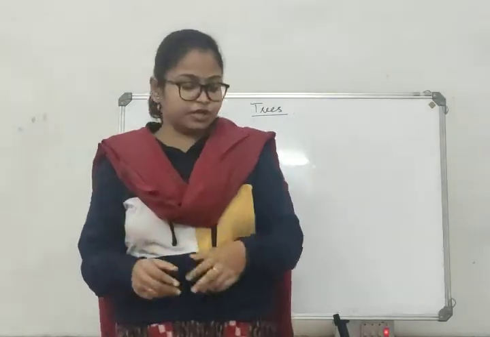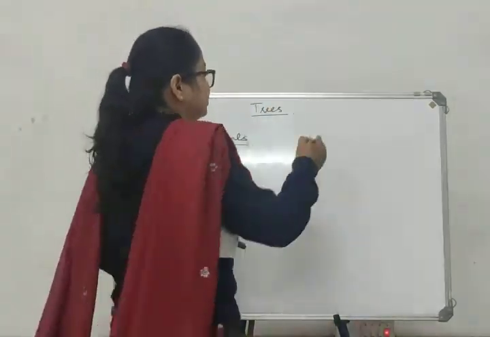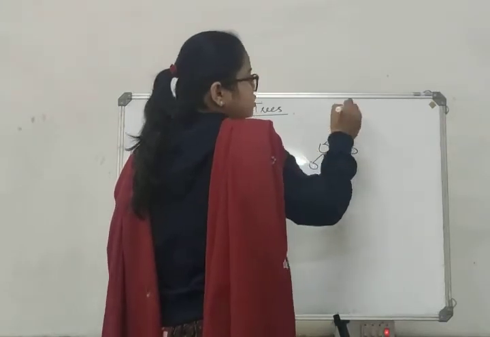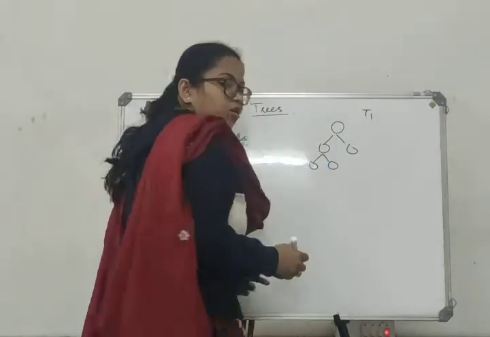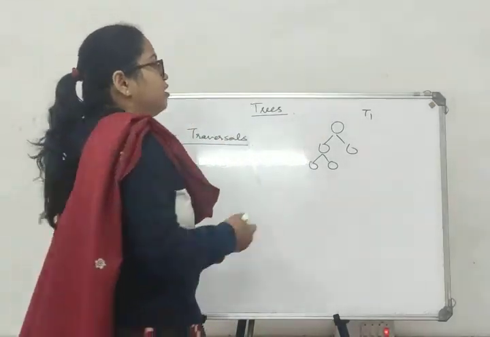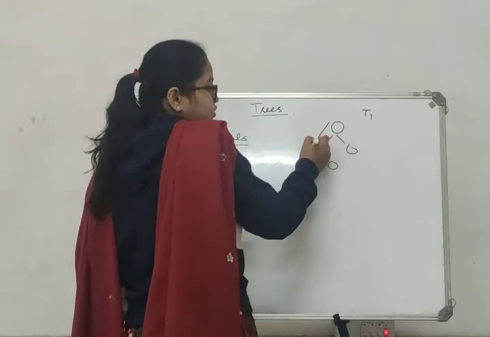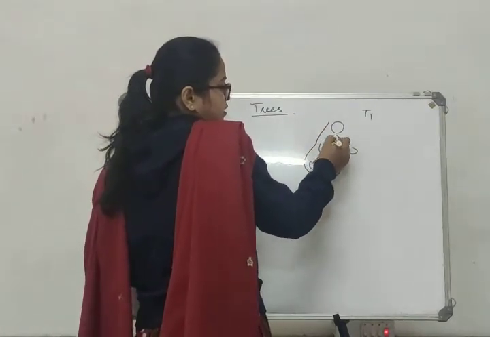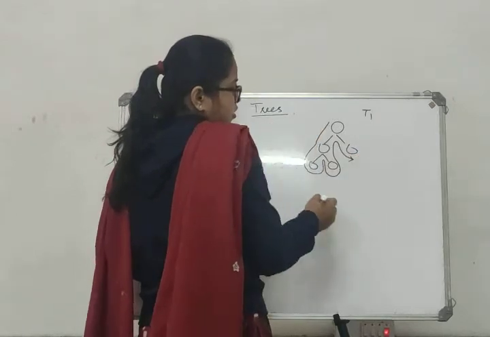Now in case of a tree, suppose this is a sample tree T1. Now you can visit its nodes in three basic ways. You can visit first the root, then the left child, then this way, then this way, then this way. This is the direction.